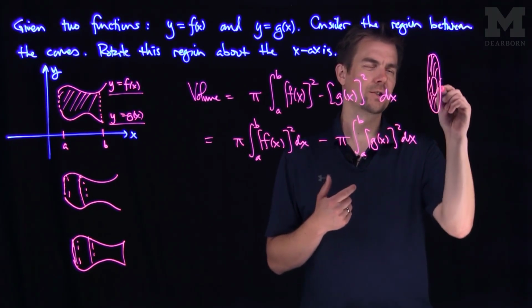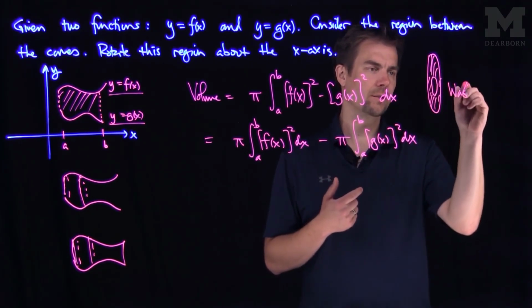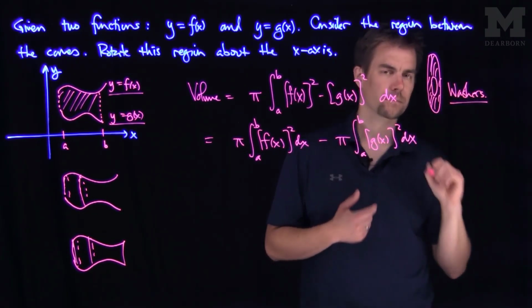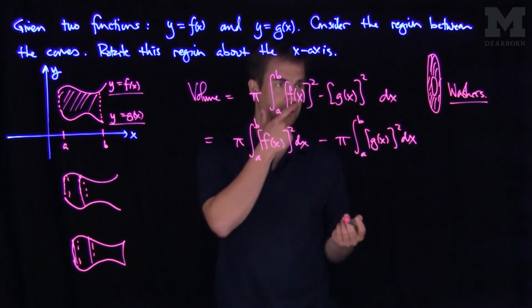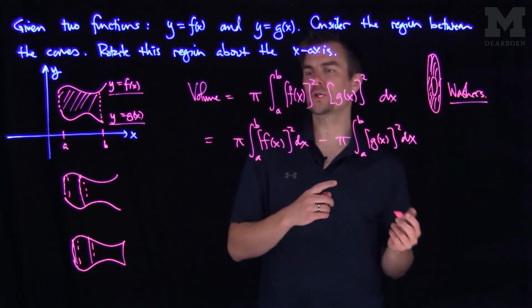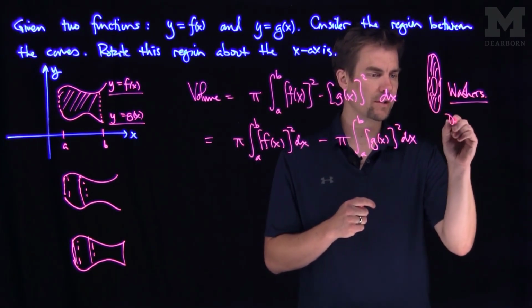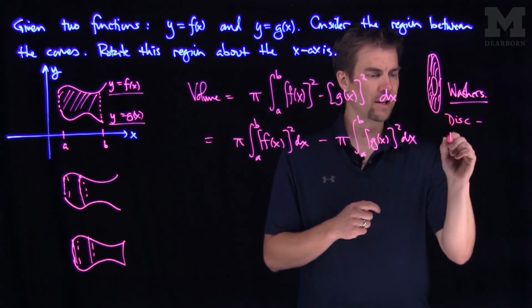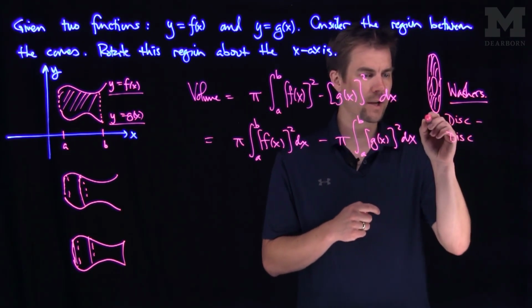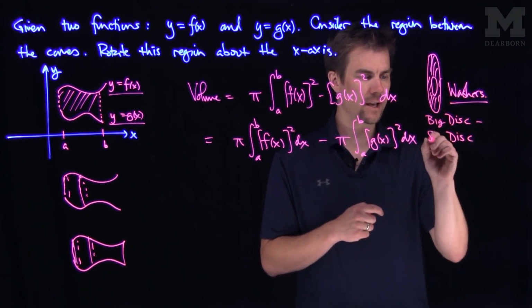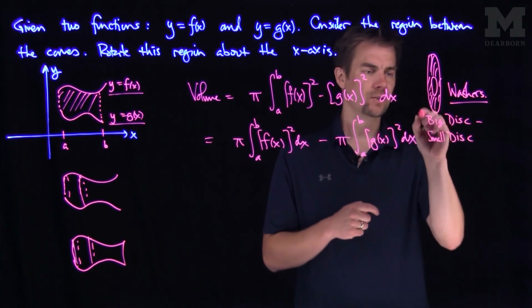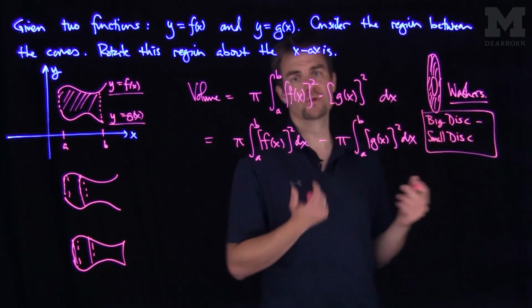And these cross-sections are called washers, that you see when you're building a piece of furniture. It's a washer. So this is called the washer method. And the washer method is really just the disk method minus the disk method. So a big disk minus a small disk. So big disk minus small disk gives you the washer method.